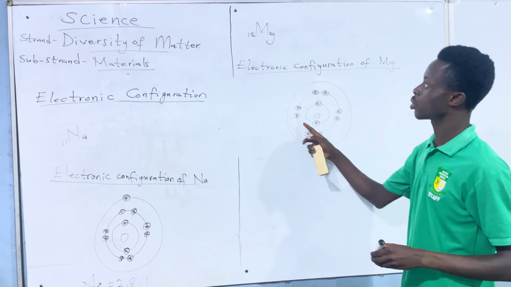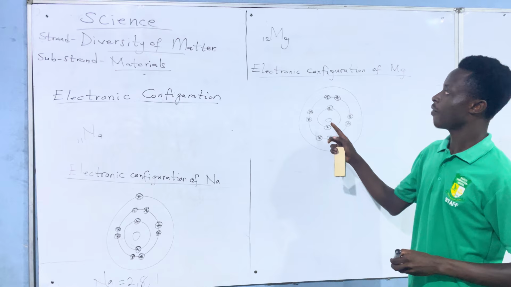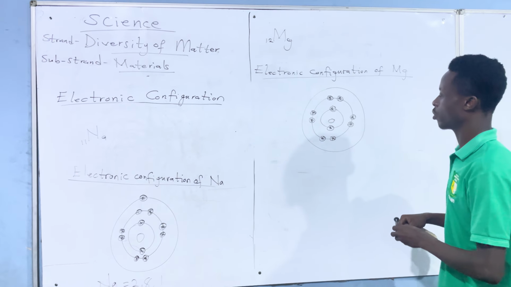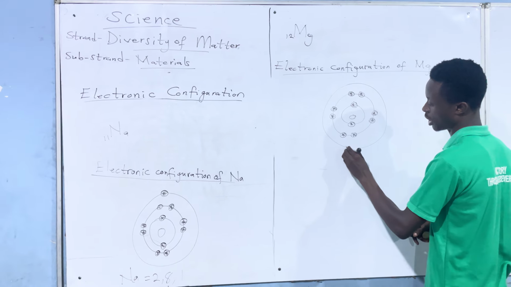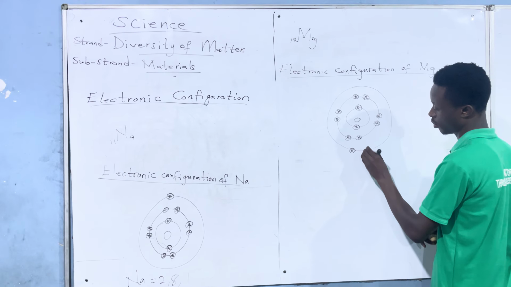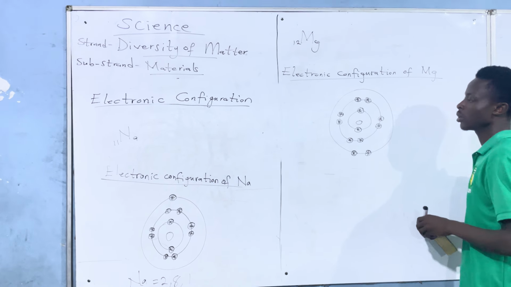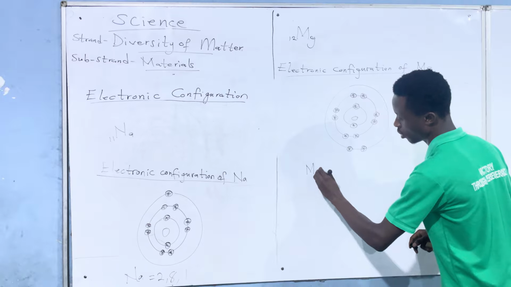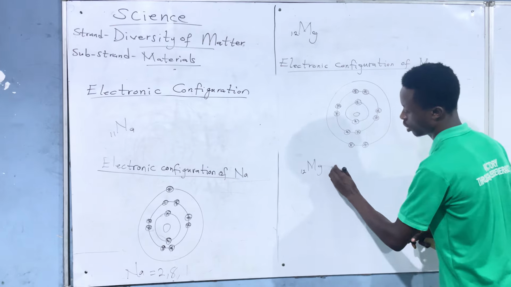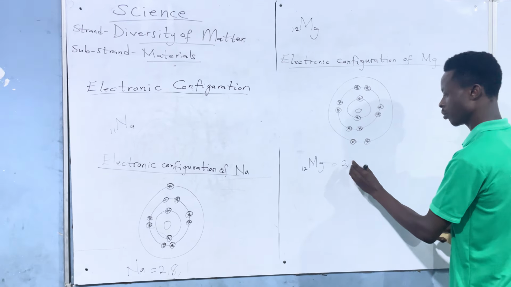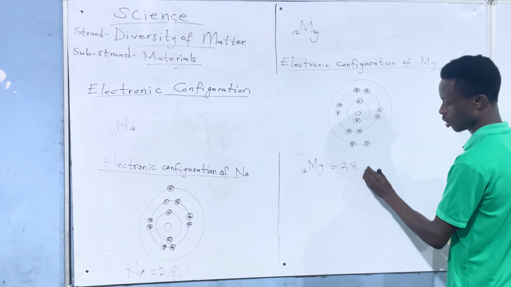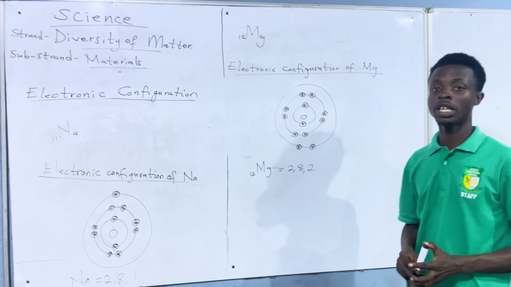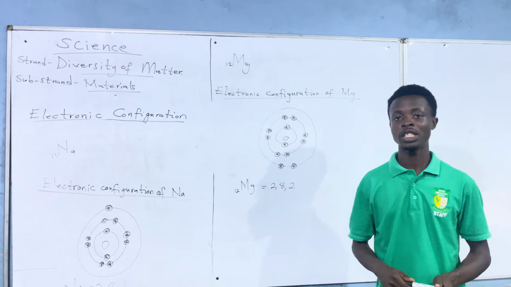That's 10 electrons. Magnesium has a total of 12 electrons, so we are left with 2 electrons. We represent that on the last shell. So the electronic configuration of magnesium is 2, 8, 2.